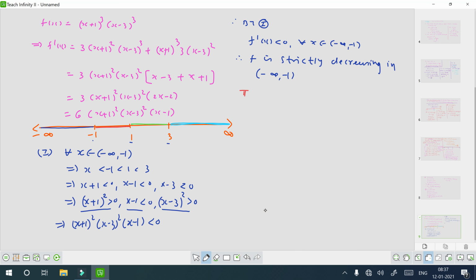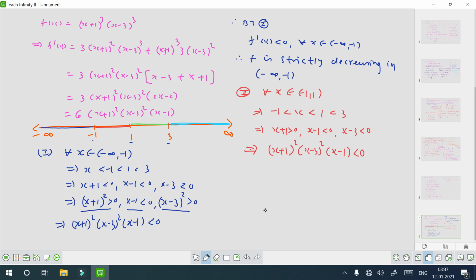Second part, where to where? For all x belongs to minus 1 to 1. This says that minus 1 less than x less than 1 less than 3. So this says that x plus 1 greater than 0, x minus 1 less than 0, x minus 3 less than 0. And therefore we can write (x plus 1) whole square, (x minus 3) whole square into (x minus 1), which is less than 0.